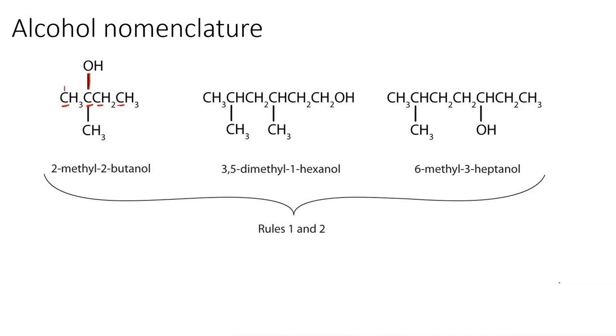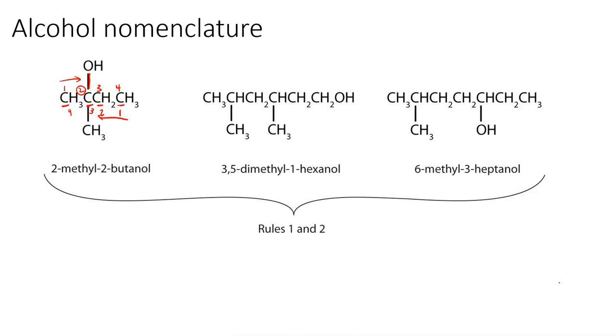So we have 1, 2, 3, 4. We have it on the 2 instead of, if we counted it from backwards, 1, 2, 3, and 4, that number is a 2 going from left to right, and it'd be a 3 if we counted from right to left. So the 2 is the lower number, so that's the number we would want to use.